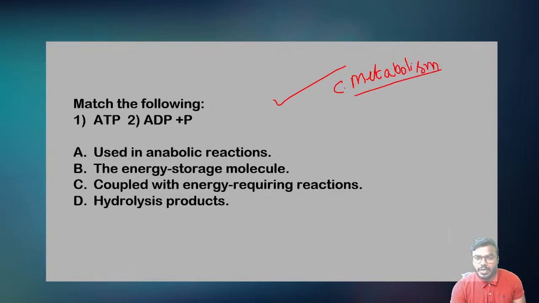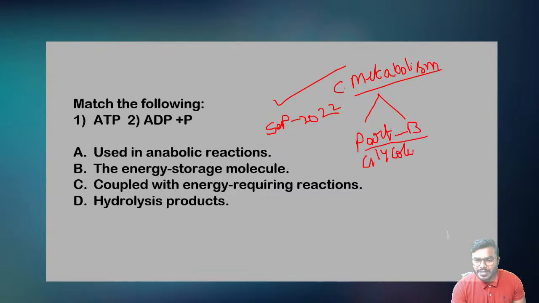See friends, if you look into the carbohydrate metabolism, I'm talking about the September 2022 paper. I'm just talking about this paper only. We got one part B question directly from glycolysis. It's a very simple question, I can use the word very logical.